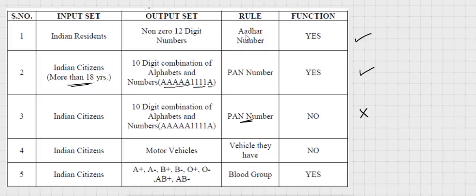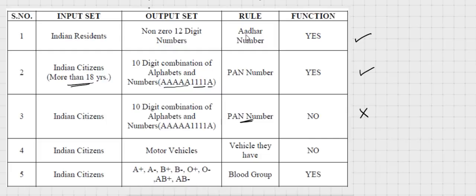I am just defining the rule as what vehicle they are having, that is, they bought or they are owning. Can you say this is a function? Just think a while. Are all the citizens having vehicles?